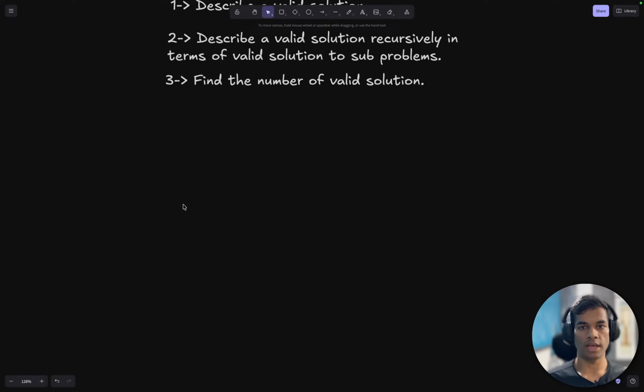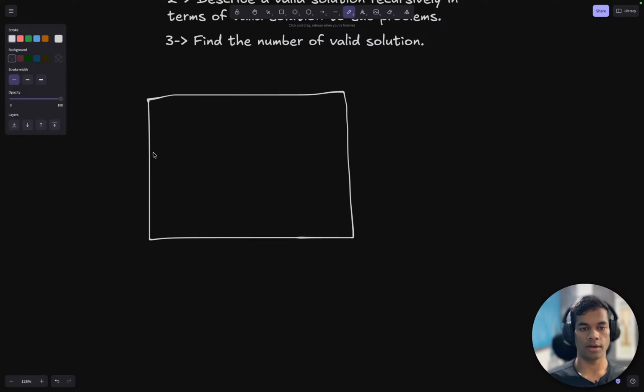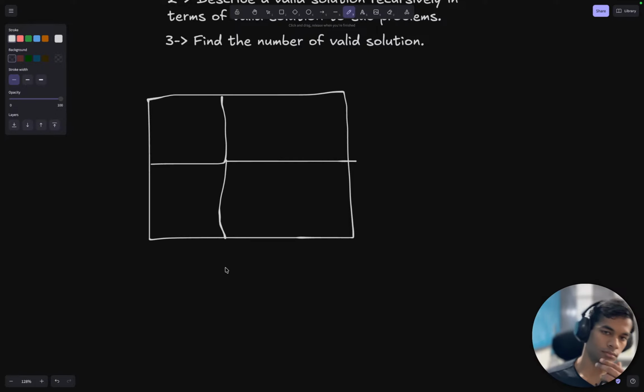Okay, so what would a valid solution look like? For the 2 by 2 grid, a valid solution could look like this.